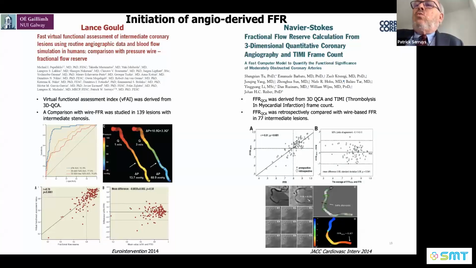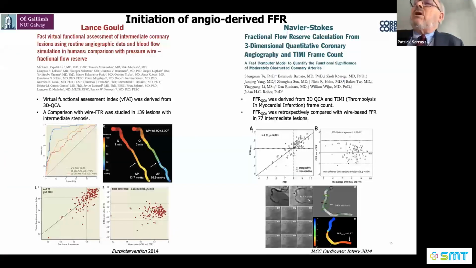We have been involved in that field very early. On the right-hand side, it's a publication in EuroIntervention. As you can see, a lot of people from Harvard and Greece, Ioannina. I'm the senior author. We used the Lenz-Gould equation.